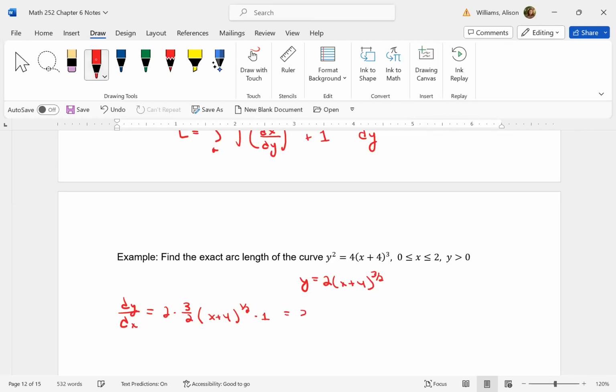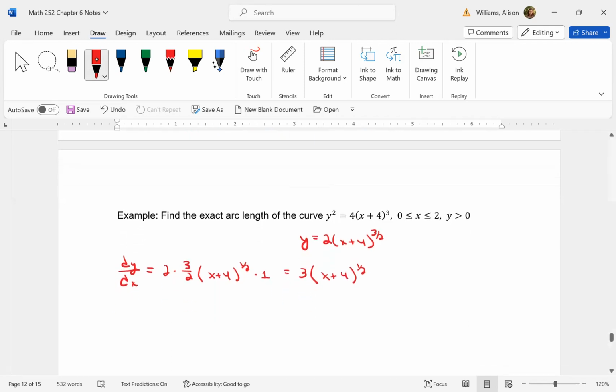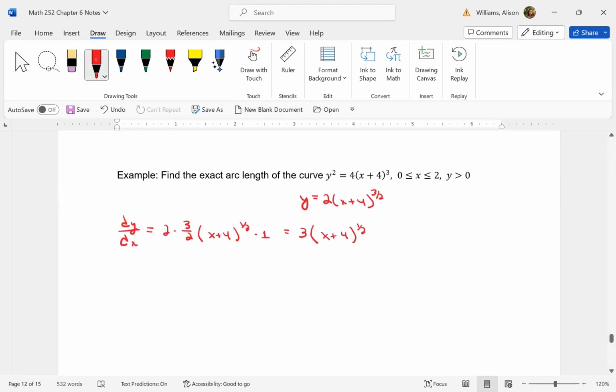Okay, which is just 3 times x plus 4 to the 1/2, or the square root of x plus 4. Cool. But in the formula, when I square that, that ends up canceling that square root. So that's kind of nice.